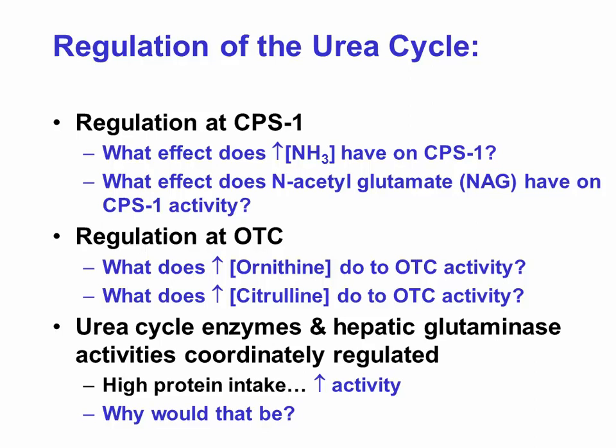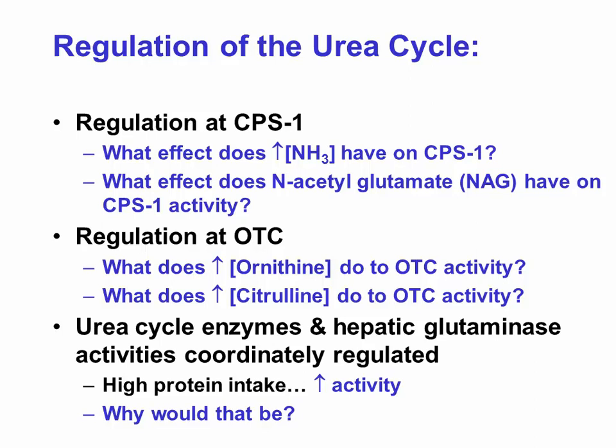There's a third bit of regulation for this enzyme, and that is what controls NAG production. Remember I said the enzyme, I wrote it out for you, is acetylglutamate synthetase. That enzyme's activity is increased by a high arginine concentration.